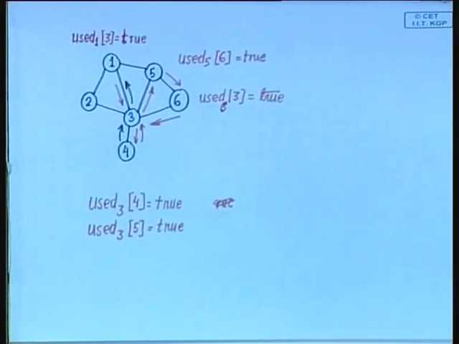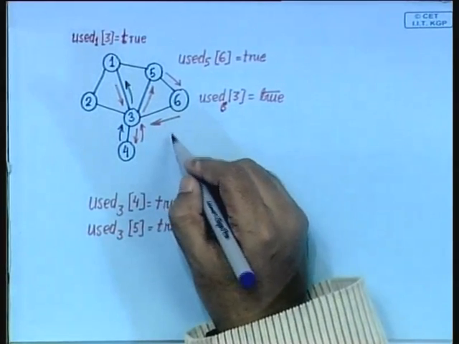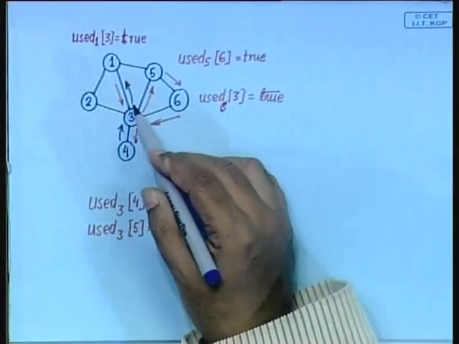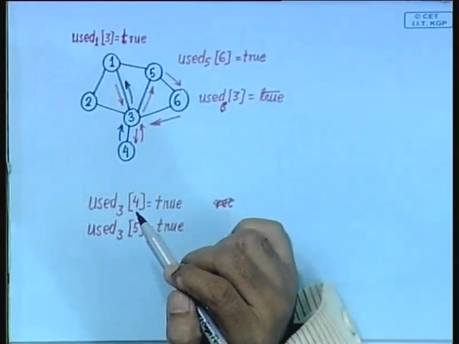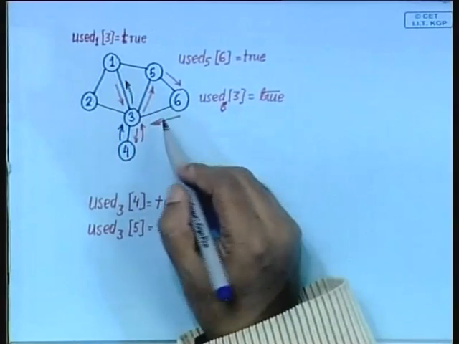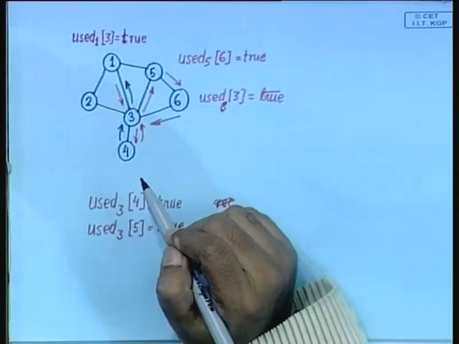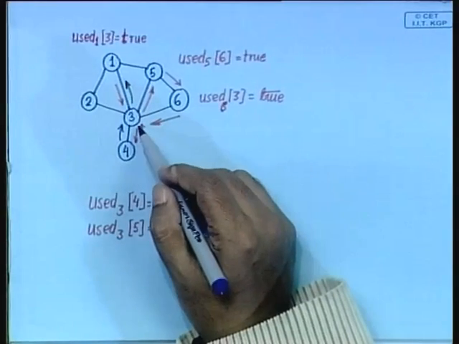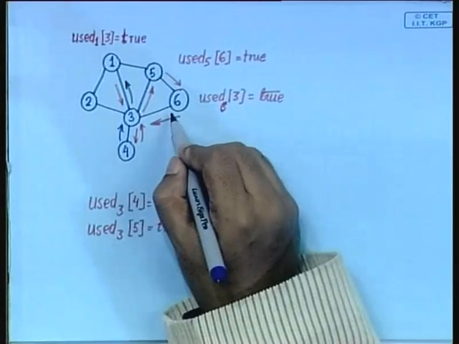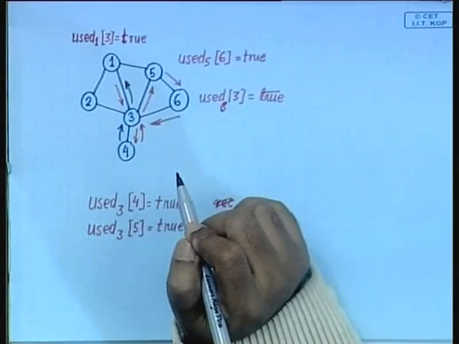Now, look at what happens in 3. 3 has got the token from a node which is not its parent, right. Its parent is 1. So, it has got a token from a node which is not its parent, and what about used 3 6? It is not true, right. So, it will choose this one to send the token back, right.